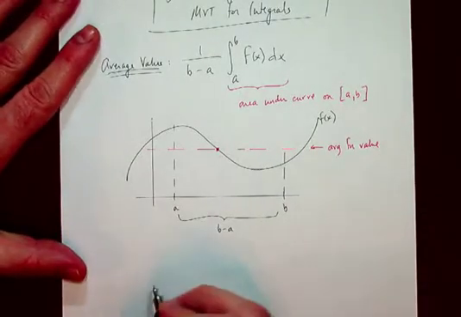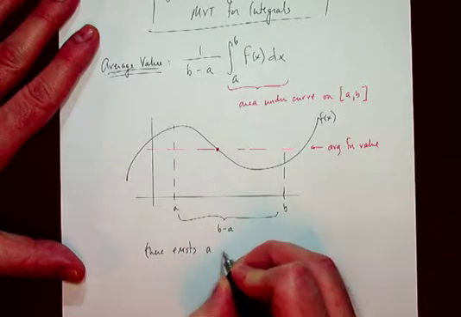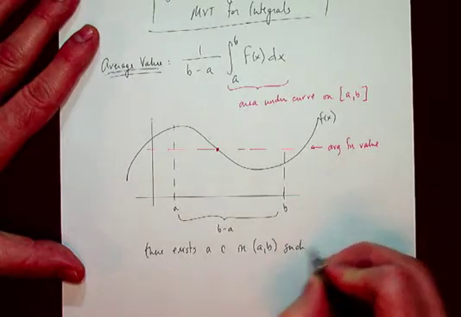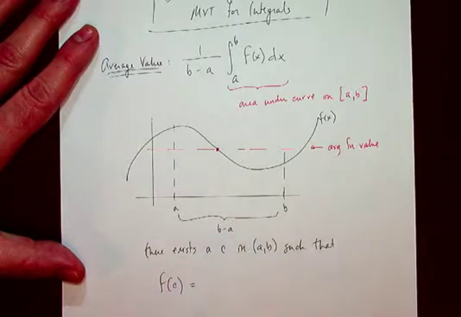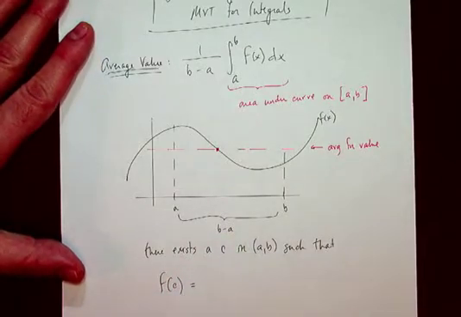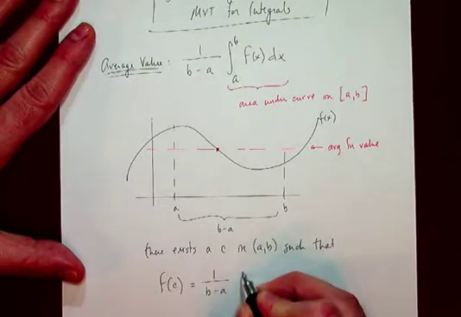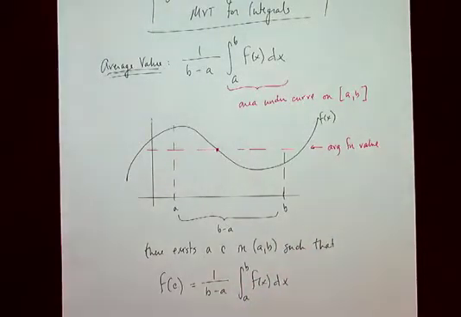It guarantees you that there exists a C in the interval AB such that the instantaneous function value, if we can call it that, is equal to the average function value. And there exists at least one, and what we'll see in the examples is that you can, in fact, have more than one.